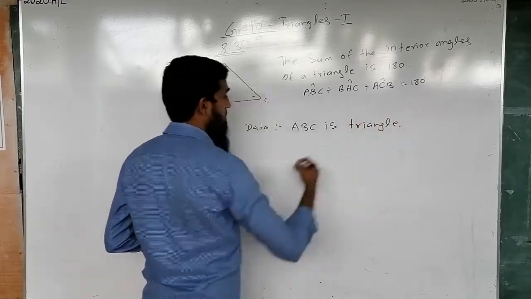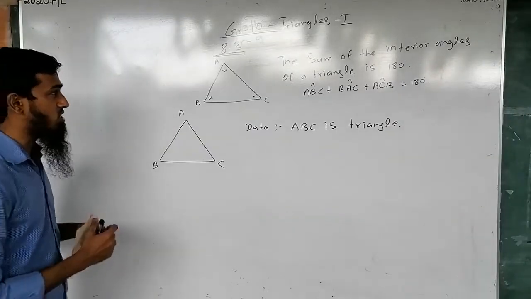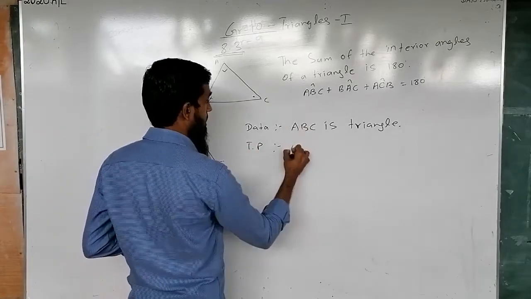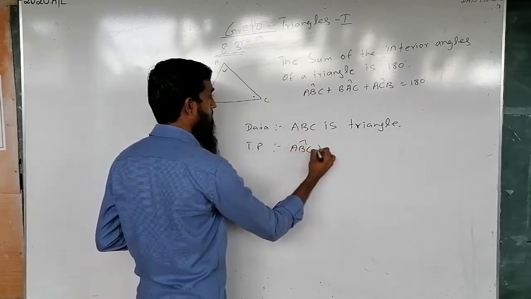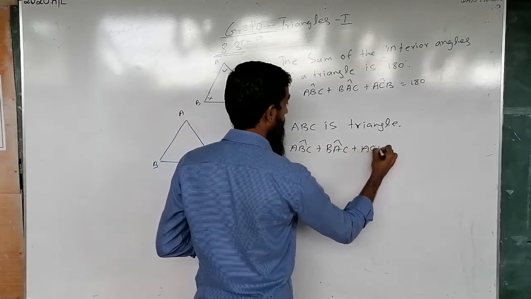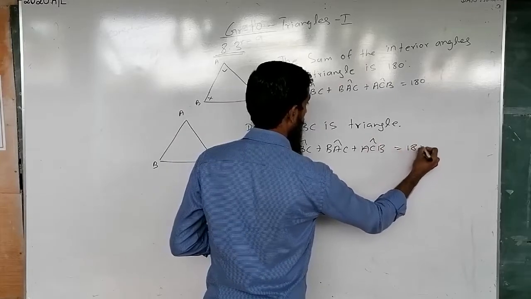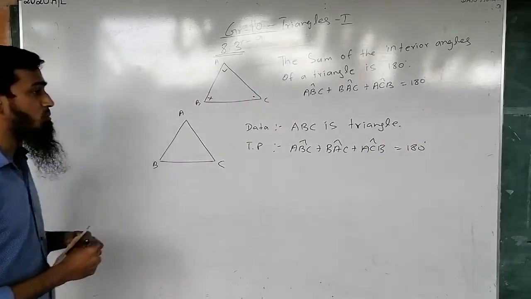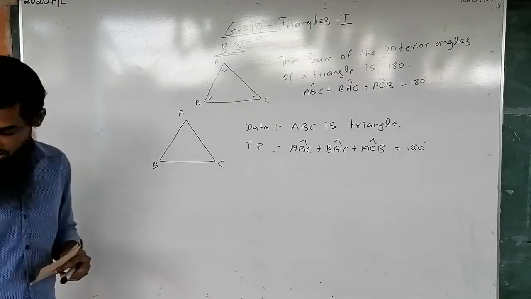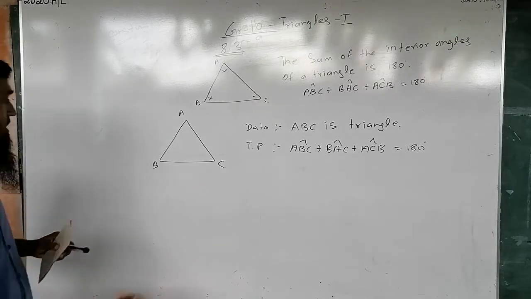That's all we got as data. To be proved: ABC plus BAC plus ACB equals 180. So we have to prove the sum of those three angles equals 180.